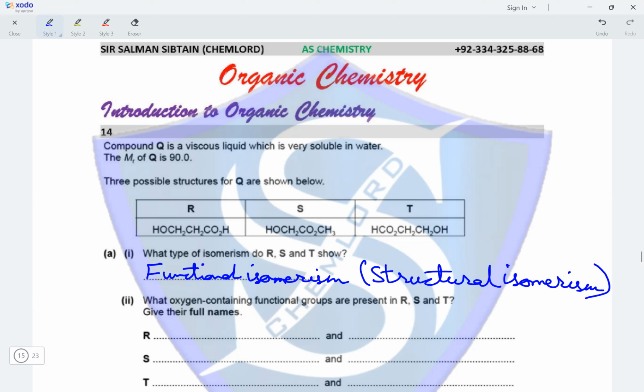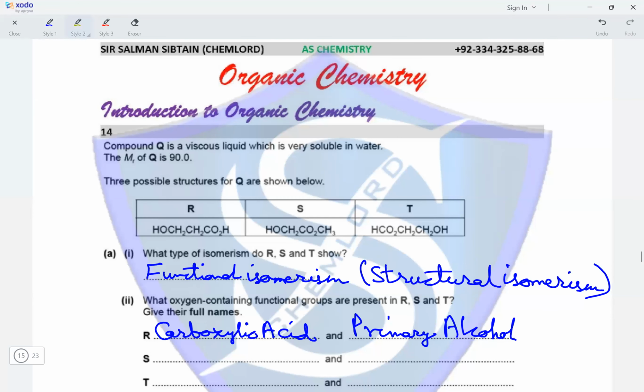What oxygen containing functional groups are present in R, S, and T? Give their full names. So in R, we've got a carboxyl group and a CH2OH, so a carboxylic acid and a primary alcohol.